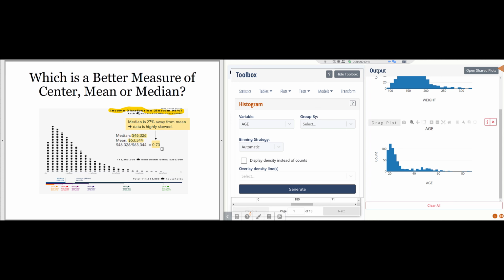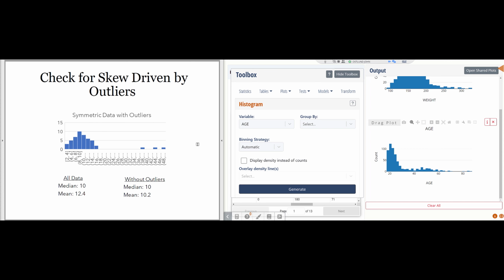And so if we're doing analysis of average households, we're probably better off thinking in terms of median income rather than mean income for things like tax policy and healthcare policy and transportation policy and things of that kind.